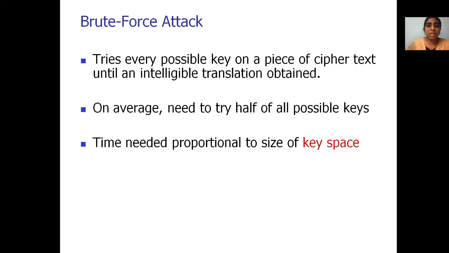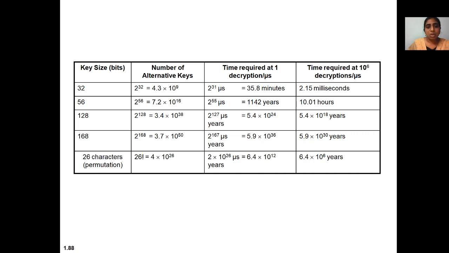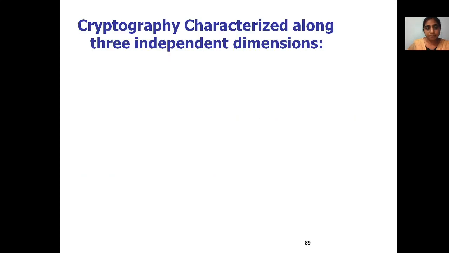The time needed for a particular key size depends on the key space. So these are the key size, the number of alternative keys, and the time required for decryption, in minutes and also in milliseconds. That is how a brute force attack may be done.